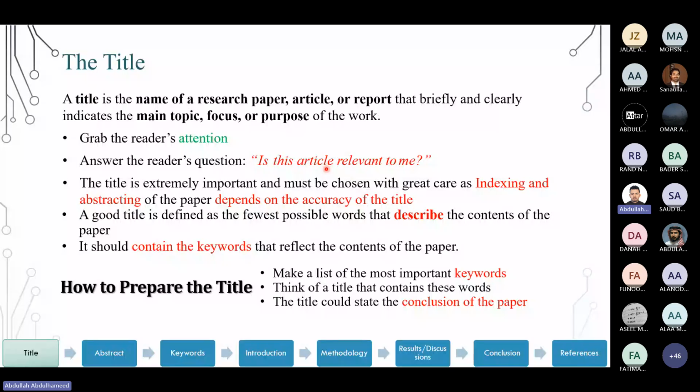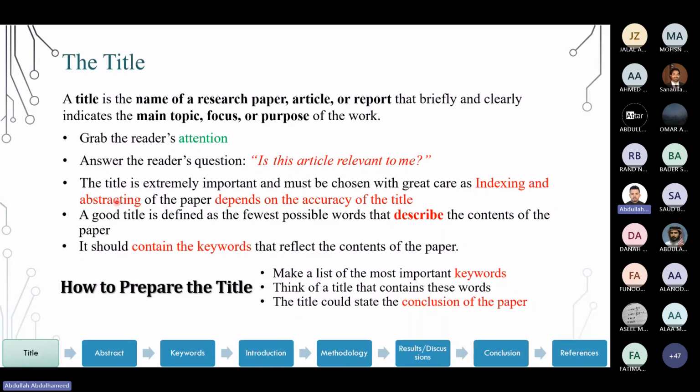So it will be very clear for me. This is very important. Do not make the title very general, so that when someone reads it, he will not understand which area or research discipline it belongs to. You need to make sure your title is relevant and answers the question for any reader: is that article relevant to him or not?